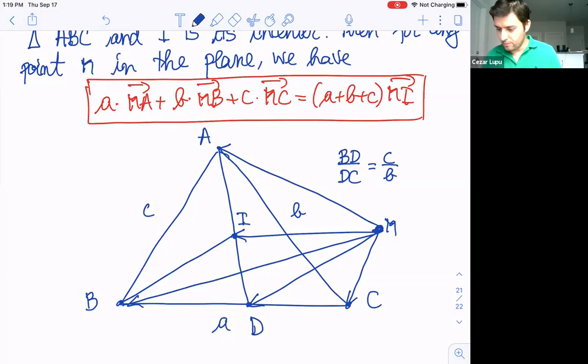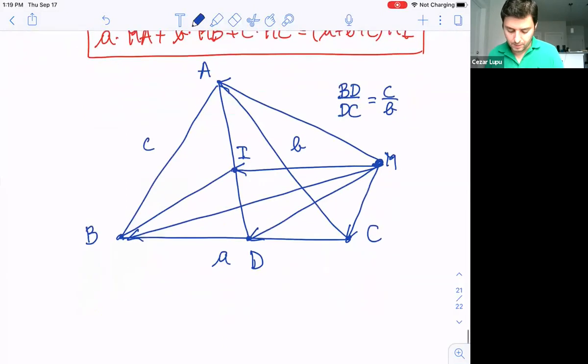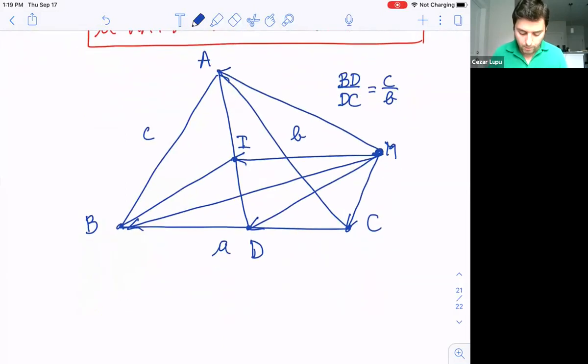But there are some other things, and what we call the Leibniz relation.